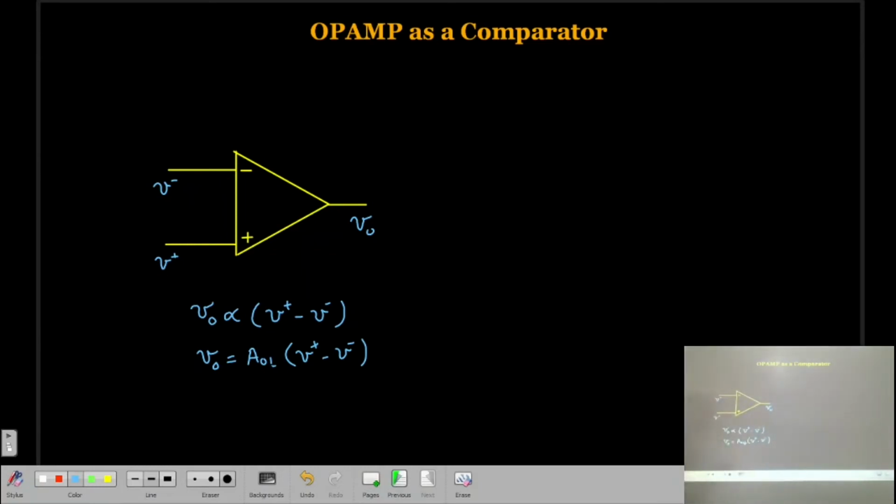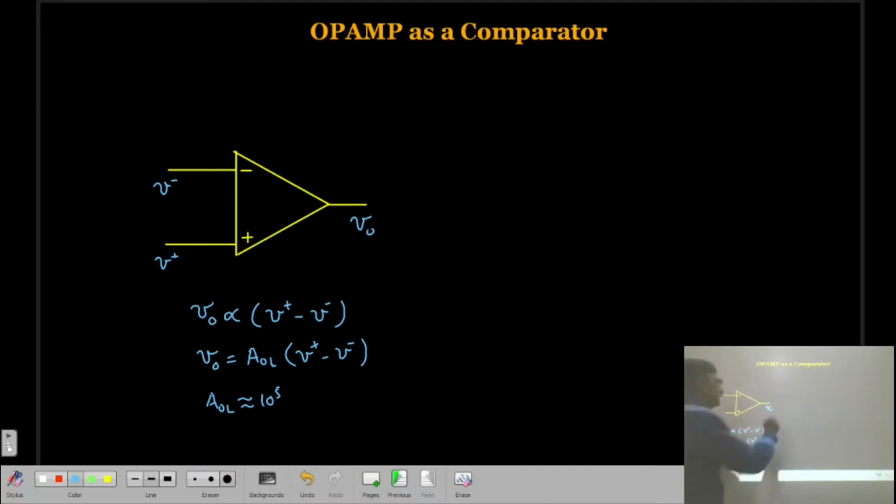Normally, for an ideal operational amplifier, the open loop gain is infinite. But for a practical operational amplifier, if we take the example of a 741, this open loop gain A_OL is roundabout 10⁵. So it is very, very large.